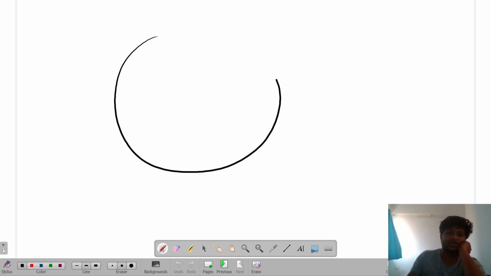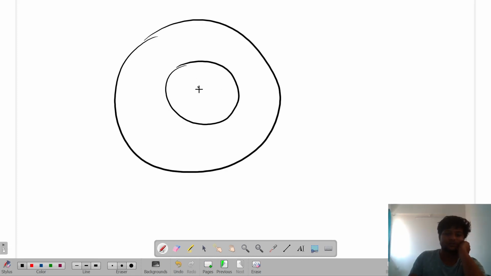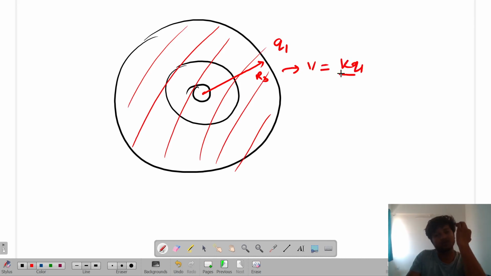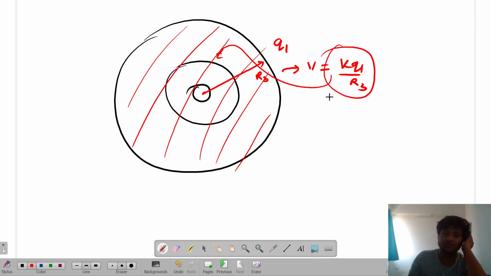See, when I have three concentric spheres and I consider this charge Q1, which was located at R3, for this Q1 the net potential over here is constant. So I will write V is equal to KQ1 by R3, and that will be the same for this and the same for this charge.